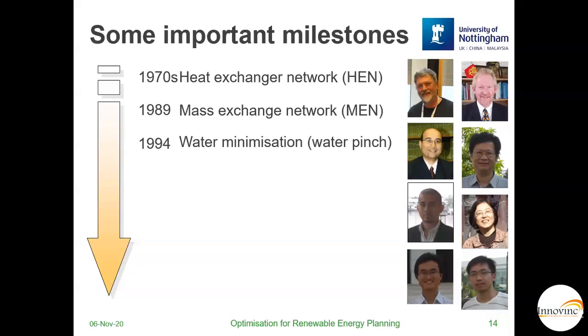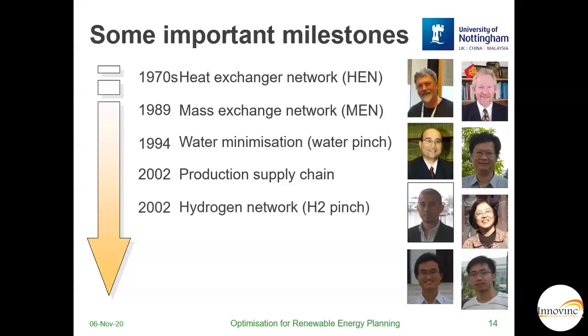Half a decade later, a special case was launched, which is nowadays called water pinch, or in more general terms, water minimization, where we recycle water in the process plant. Production chain planning was launched in 2002, followed by hydrogen pinch in the same year, and later on we have property integration, which talks about the recycling of solvent.